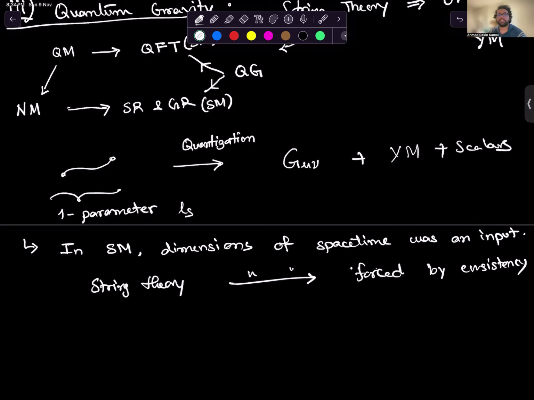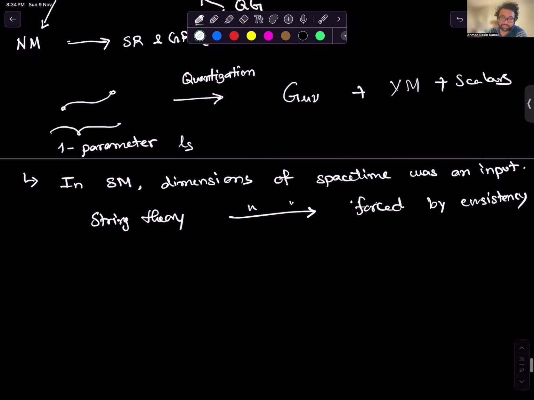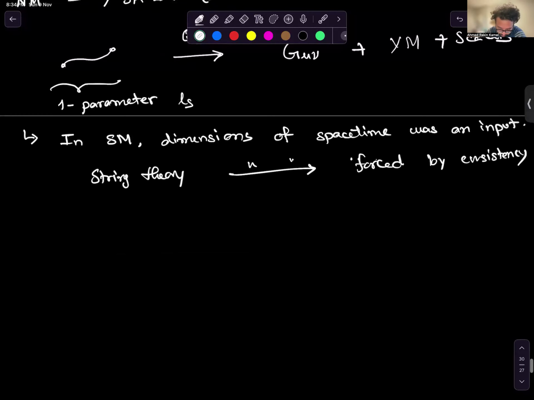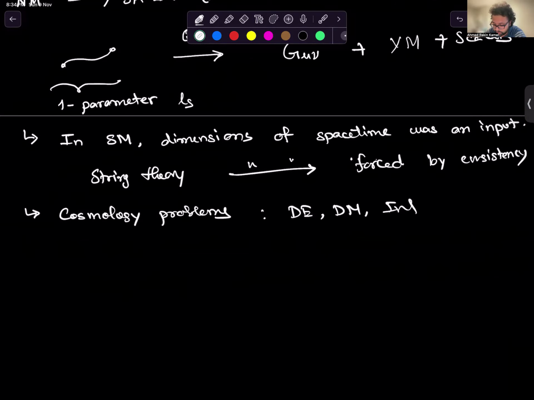So that is a very interesting observation that we had of a quantum gravity theory, that it was forcing us to fix the dimension of our spacetime, which we never had the privilege of when we were doing the standard model. Of course, it addresses cosmology problems very nicely under the banner of string theory. For example, dark energy, dark matter, inflation.